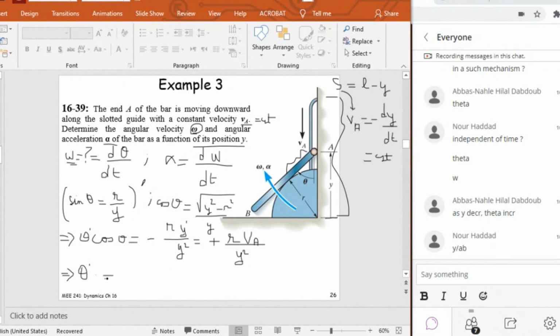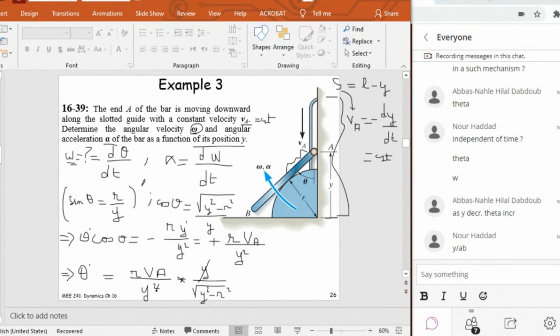So now theta dot is equal to r VA over y squared times y over radical y squared minus r squared.